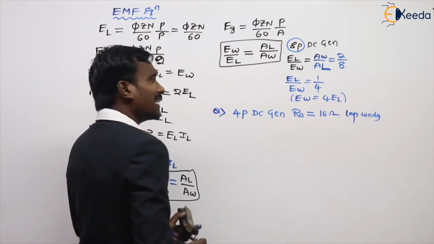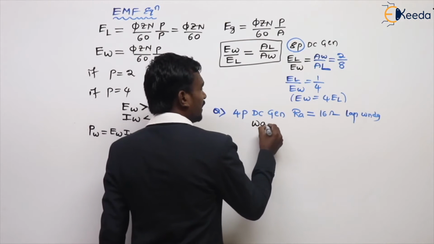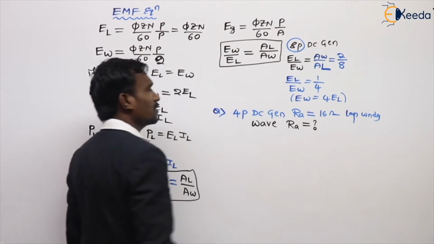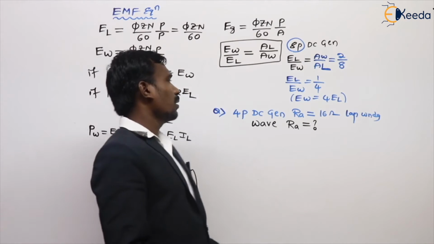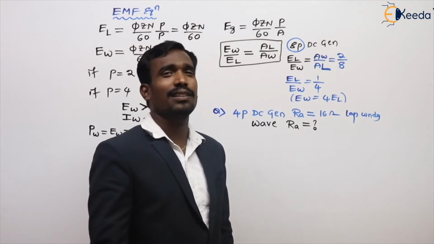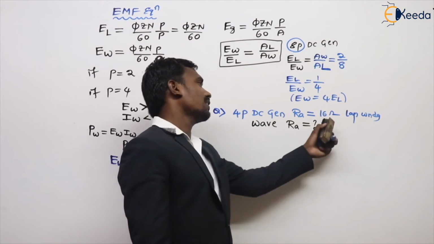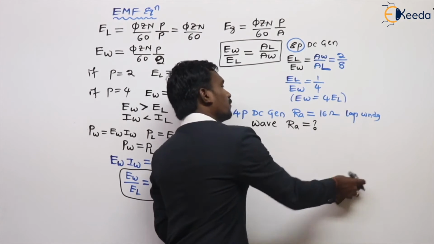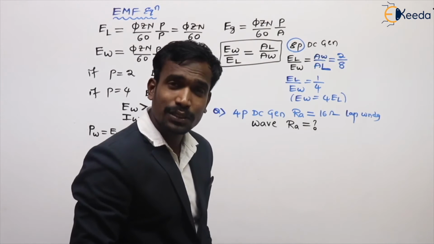If it is reconnected as a wave winding, then what is the armature resistance? This is the question, very simple. Now I want the relation between the armature resistances. The armature resistance of lap winding is 16 ohms. What is the armature resistance of wave winding? Can you tell me?